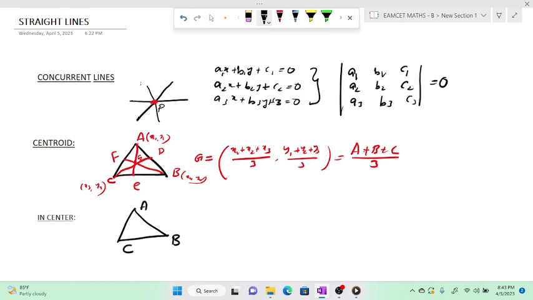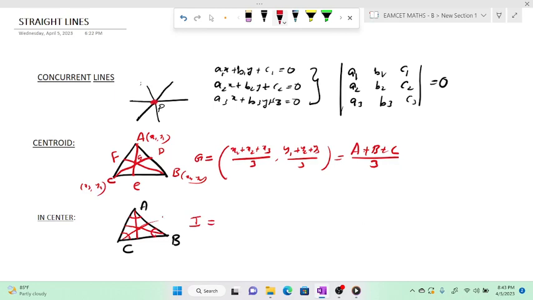The bisectors of the internal angles of the triangle are these lines: this is one line, this is the other line, this is the third line. These three are concurrent, and this is the point of concurrency. This is the incenter, denoted by capital I.